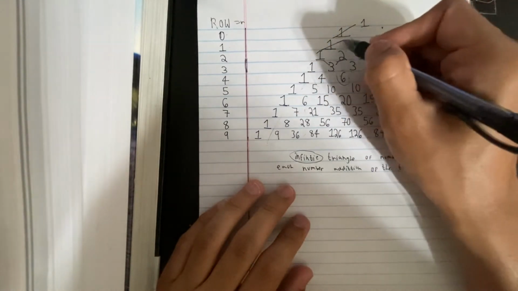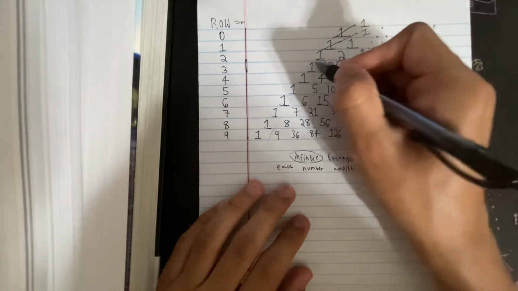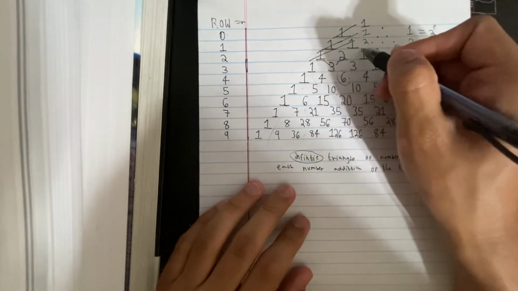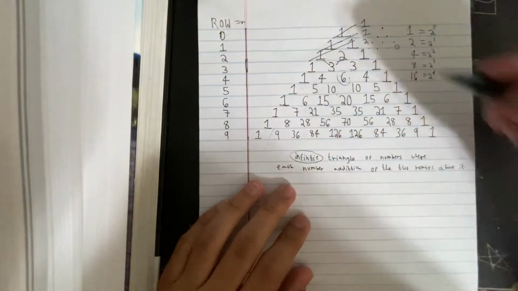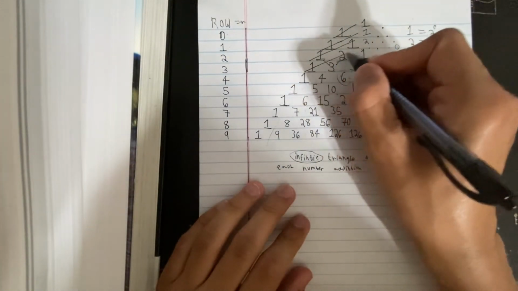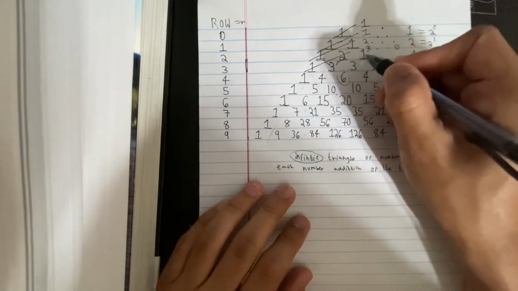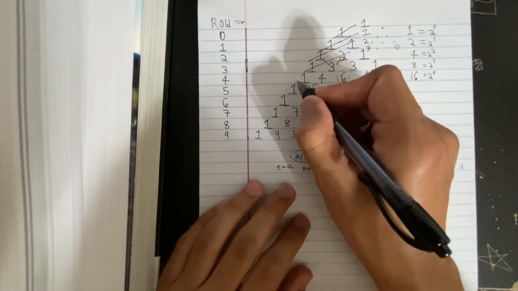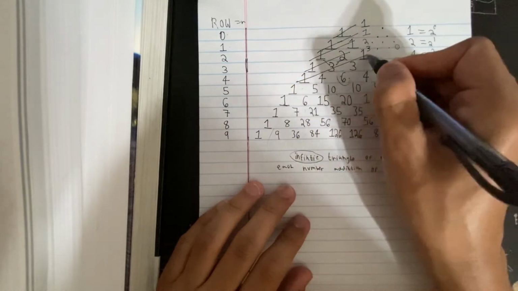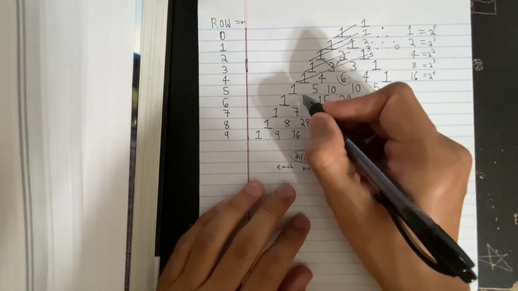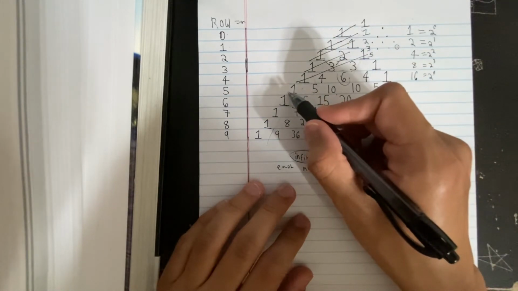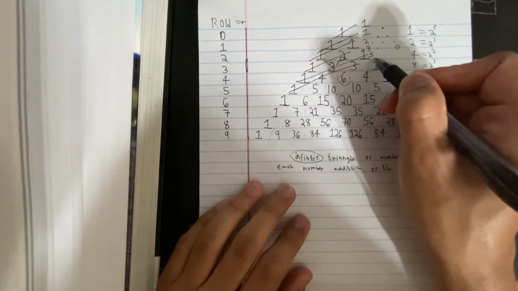This would be 1, and then the next one would go like this, that would be 2. The next one would go right here, that would be 3. And the next one, I know it's a bit hard, but it would essentially be this. And then I'll just do one more, I believe this. So that would give me 8.